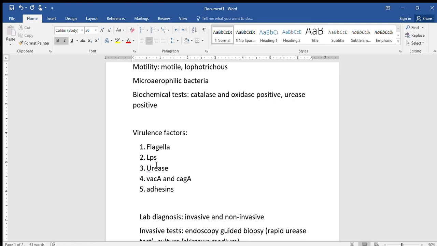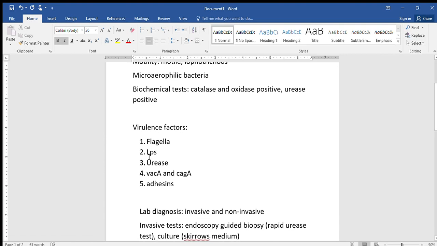The Lewis B blood group antigen and the LPS look similar, and because of that our antibody, in trying to find the LPS antigen of the bacteria, also damages our own blood group antigen, the Lewis blood group antigen. So the incidence is greatest in the Lewis blood group.